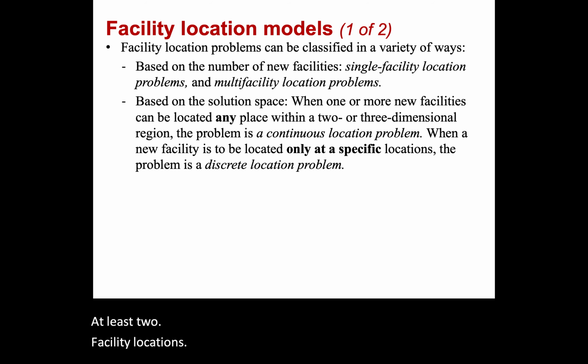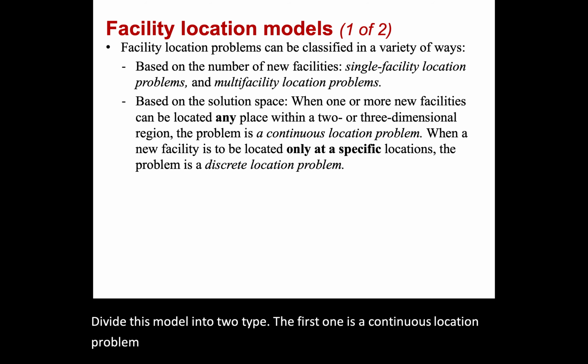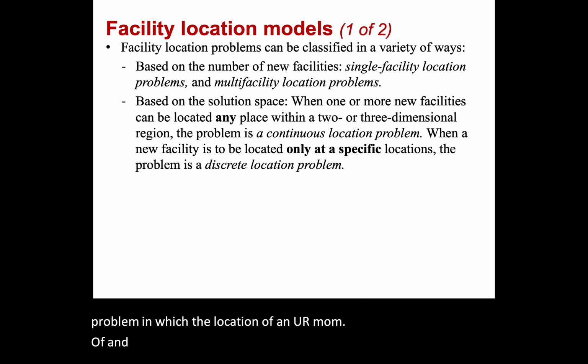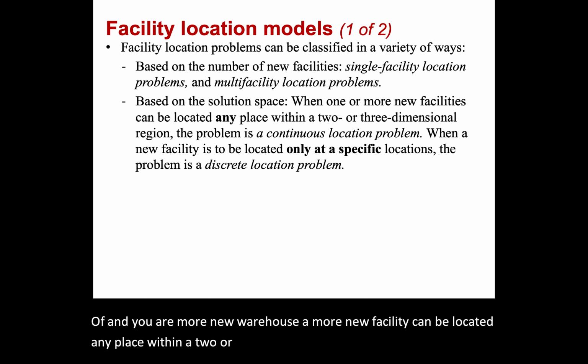If we base it on the solution space, we can divide the model into two types. The first one is the continuous location problem, in which the location of one or more new facilities can be any place within a two or three dimensional region.